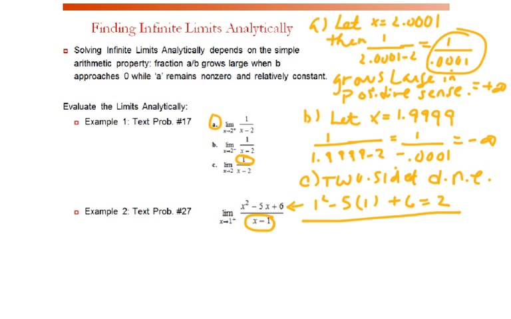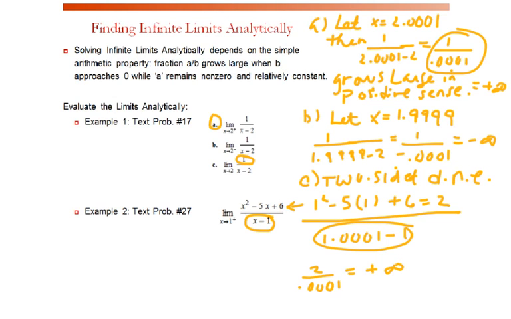However, the denominator, as we get closer and closer to 1 from the right-hand side, this thing is going to stay positive. It's going to be 2 over 0.0001, which is still a very large number.